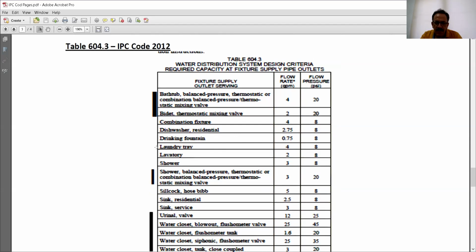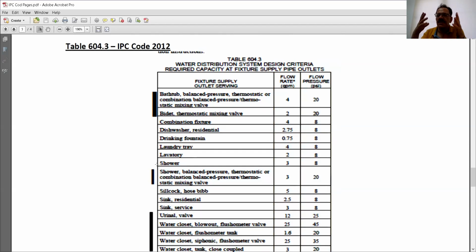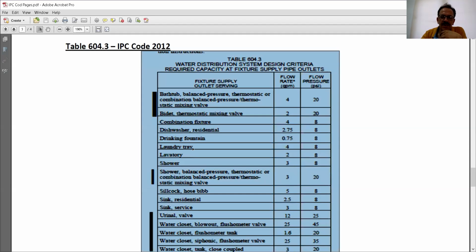Look at the term lavatory. A lavatory is a sink where we wash our hands and faces. Showers are what we have in the bathroom, and we have the drinking fountain, the device used for drinking water, and laundry, where we have a laundry tray.